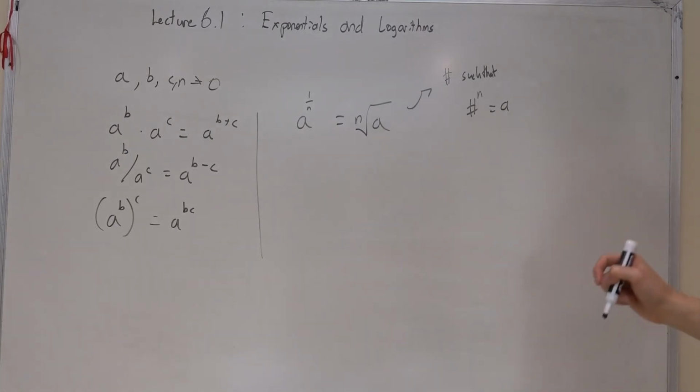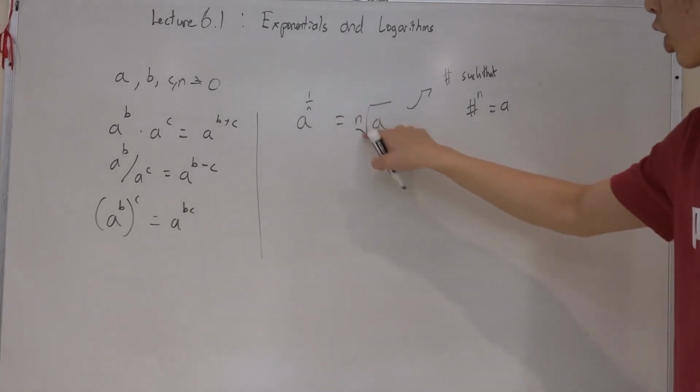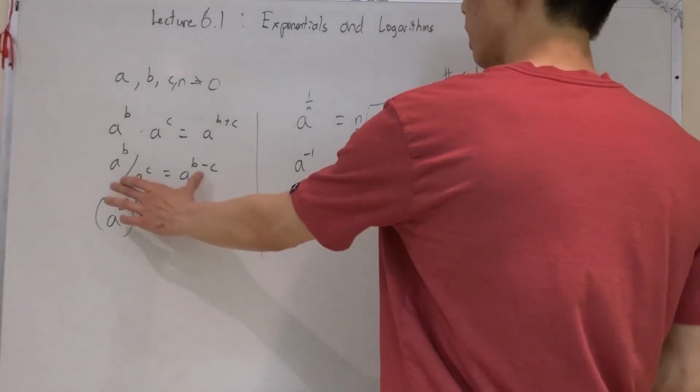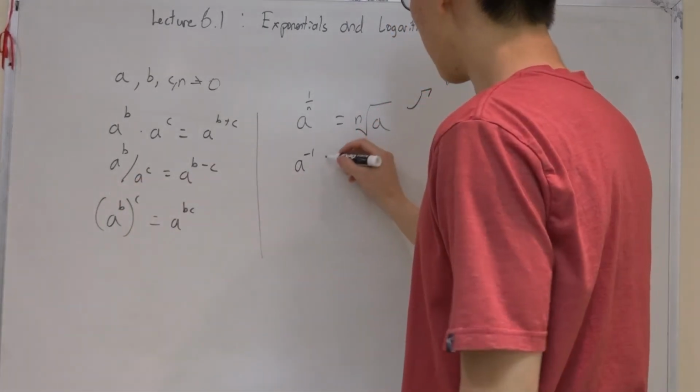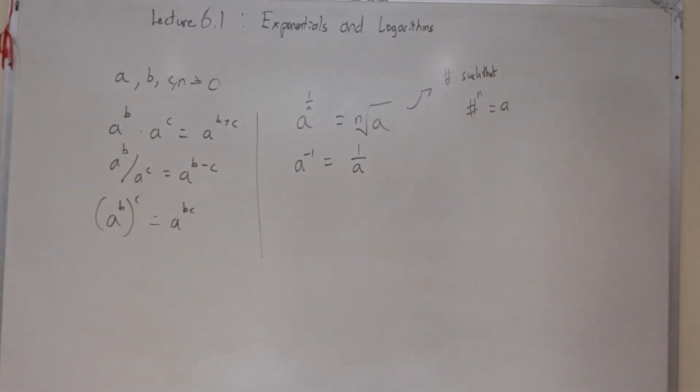Sometimes this thing can be a little confusing, so just be really sure that you get this relationship down in your head. The other property which is implied by this is that a to the negative 1 is equal to 1 over a. Right? Okay, those are the main properties of exponents that we are going to be using throughout this entire lecture.